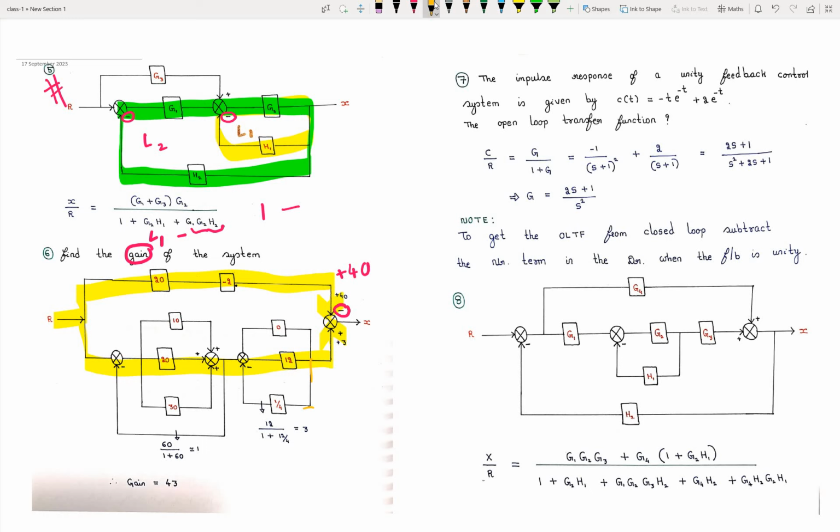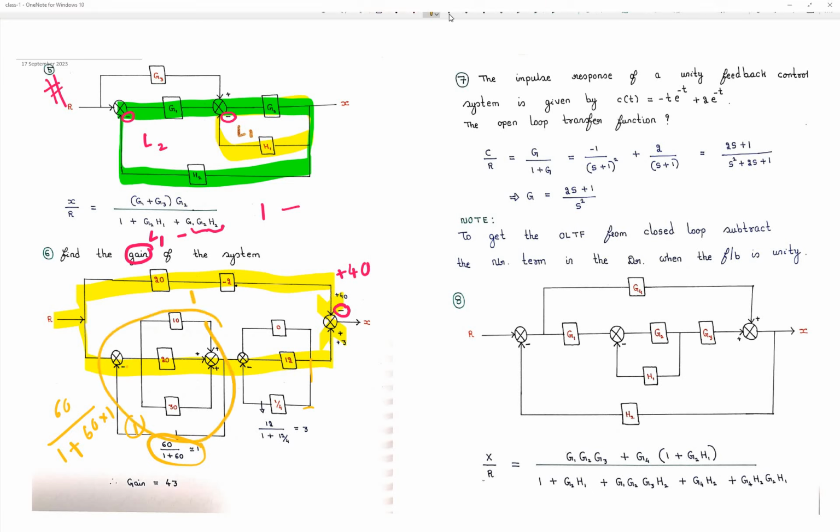So 20 plus 30 plus 10, 60. And we have feedback path, so we have to start writing 1 minus. We already have here minus sign, so minus into minus plus. Forward path we have 60, in feedback path the gain is 1, so 60 into 1. So I already solved it, so overall we get as 1.